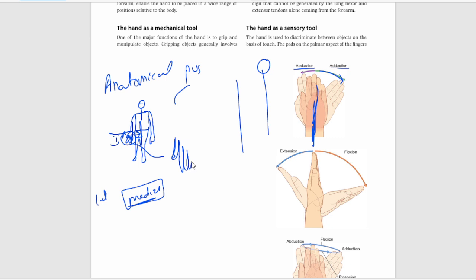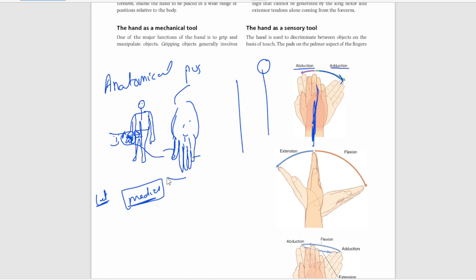The diagram is not very beautiful, just understand from this diagram. Now see that this little finger is toward the medial side and this thumb is toward the lateral side.